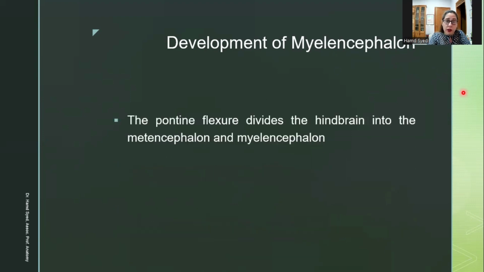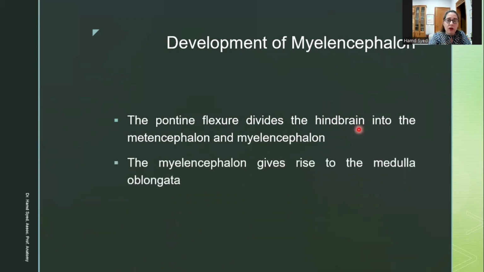And it is the pontine flexure which is present between the metencephalon and myelencephalon, because both these secondary brain vesicles are derived from the primary brain vesicle, which is the hindbrain, also known as the rhombencephalon. So the pontine flexure subdivides the rhombencephalon into metencephalon and myelencephalon, and as I mentioned, the myelencephalon is going to form our medulla oblongata.